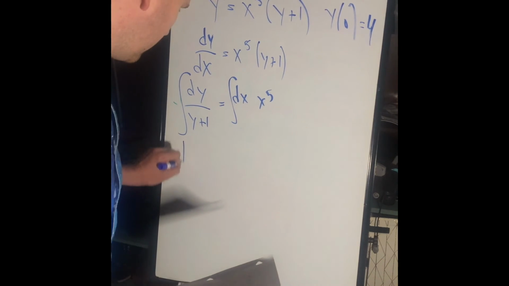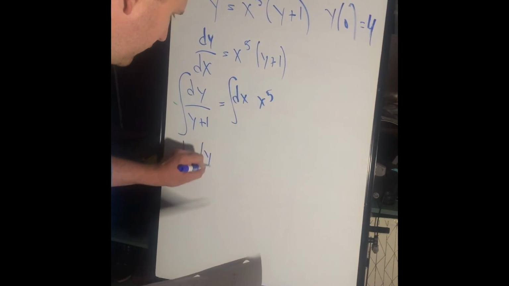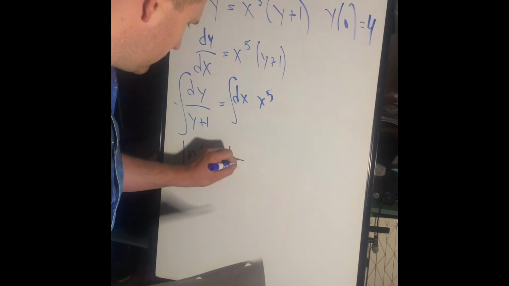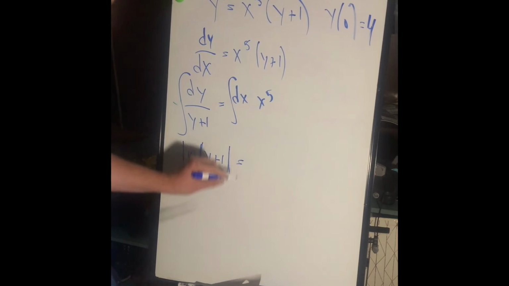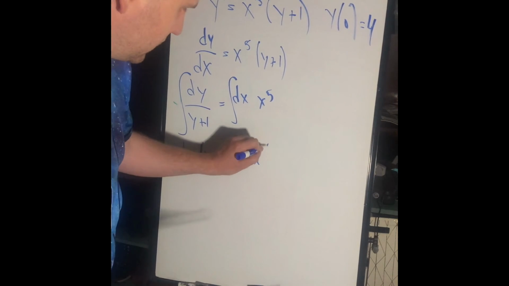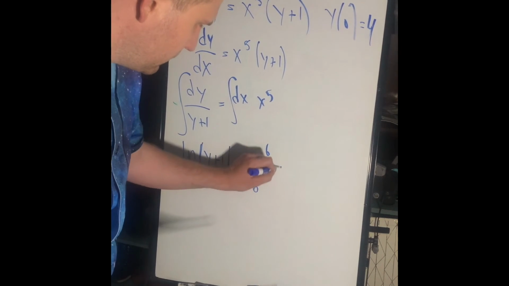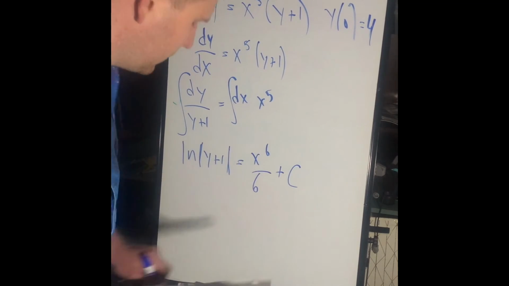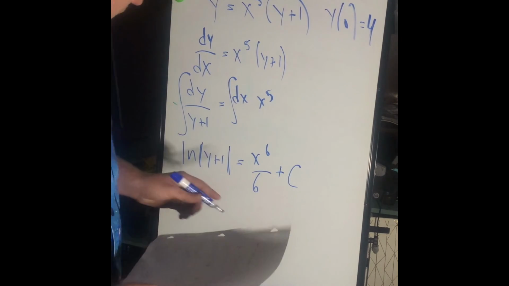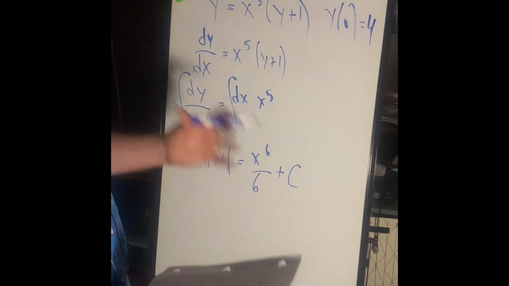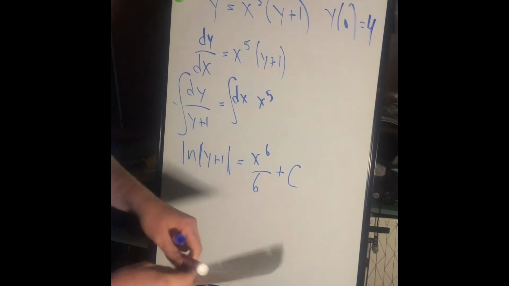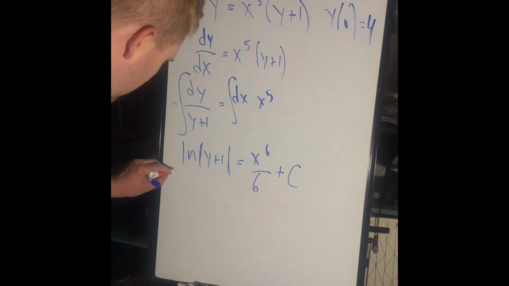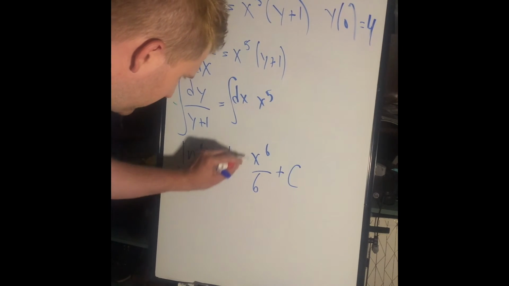Just integrate and we get the natural log of the absolute value of y plus 1 equal to x to the 6th over 6 plus c. And we're solving for y in this instance, so we're going to raise it to the power of e.